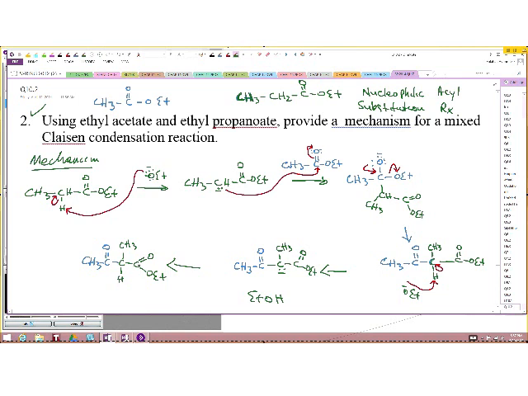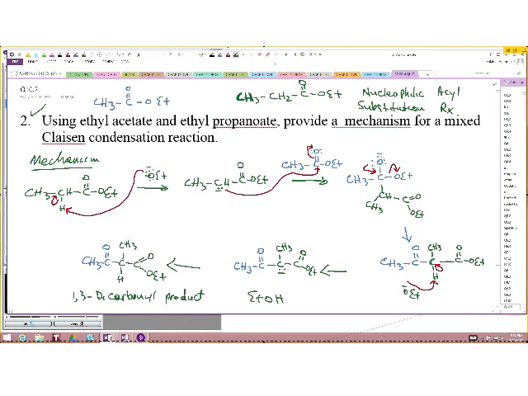Relative to this carbonyl here, this is the alpha carbon and this is the beta carbon. Or you may call this a 1,3-dicarbonyl compound. Okay, that's what you get with a Claisen condensation reaction.